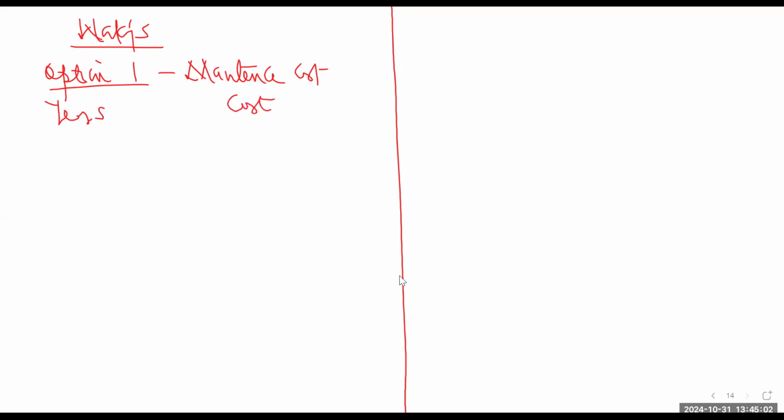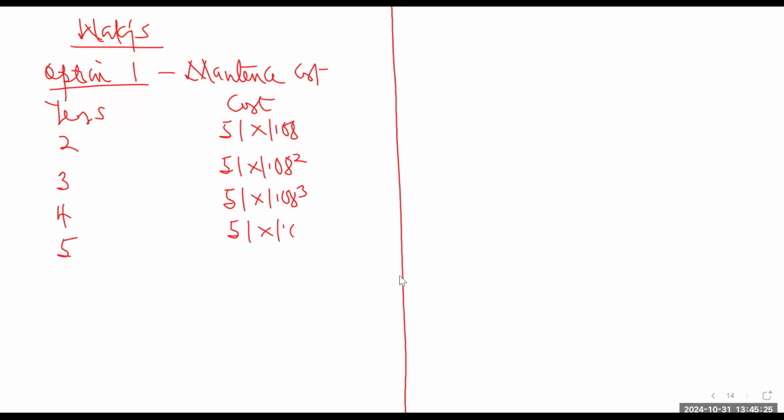So year 2 will give us 51 multiplied by 1.08. Year 3 will give us 51 multiplied by 1.08 exponent 2. Year 4 will give us 51 multiplied by 1.08 exponent 3. And year 5 will give us 51 multiplied by 1.08 exponent 4.